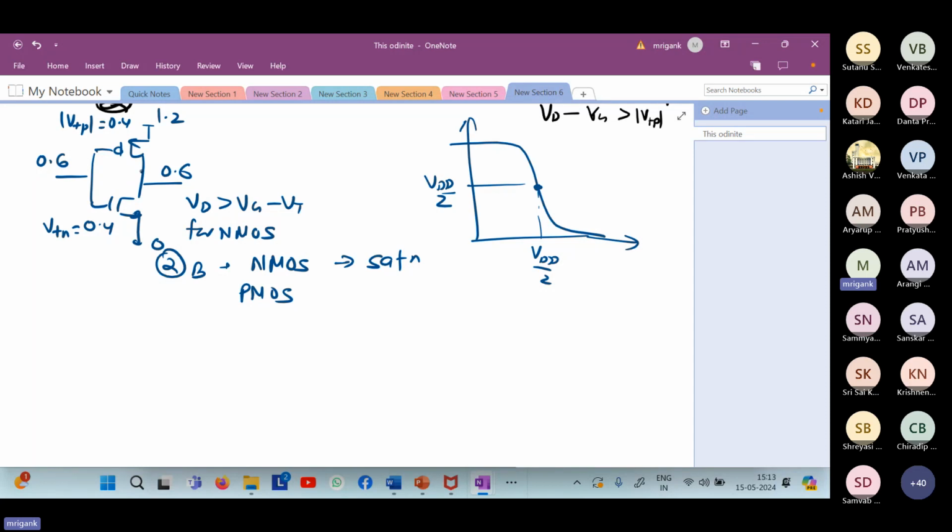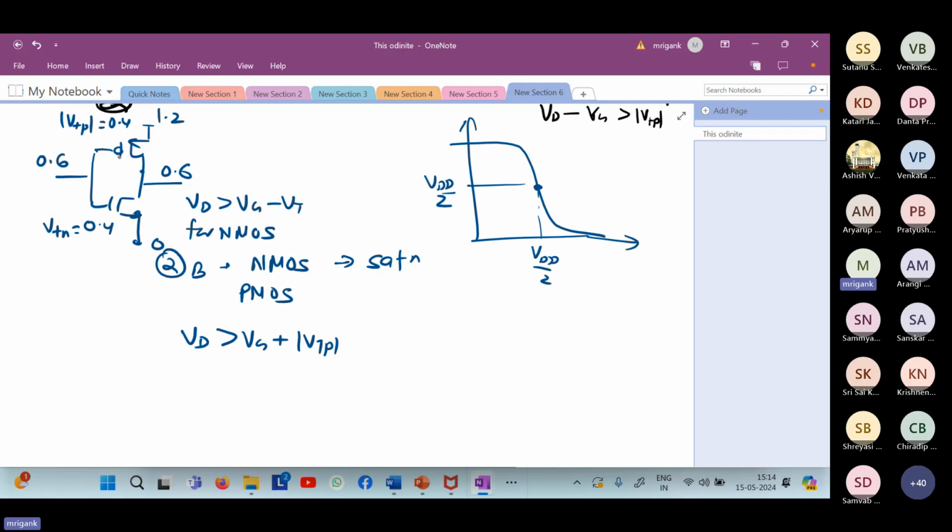The condition is that VD should be higher than VG plus mod VTP, right? Because unless the drain potential is higher than the gate potential by mod VTP, it will not form the channel, right? So in this case, the drain potential is 0.6 volt, gate potential is also 0.6 volt.